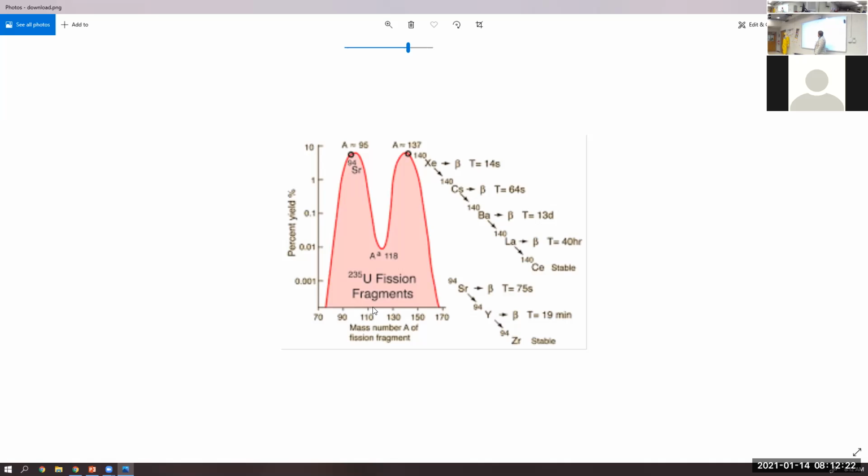You can go between 90 and 110 and between 130 and 170 with a 0.01% yield, but your most common yields are going to be right there. Does that make sense? So you're going to have slightly different fission fragments, but they're going to stay in this little group.